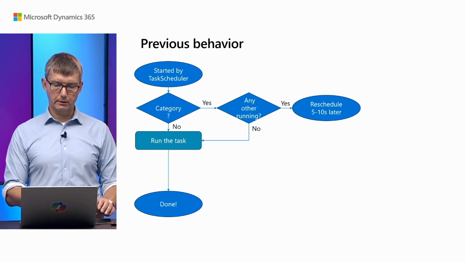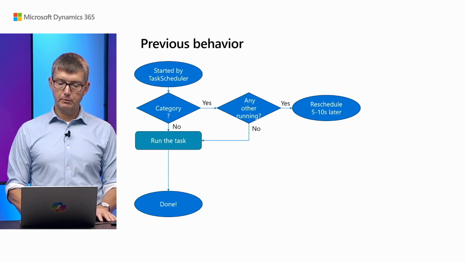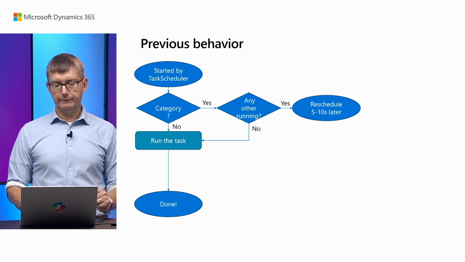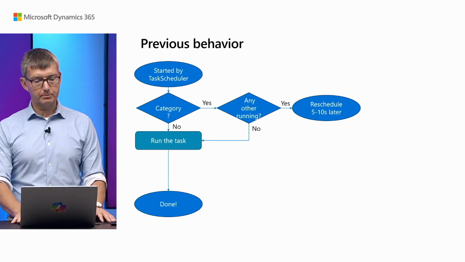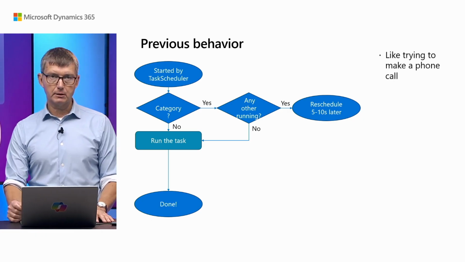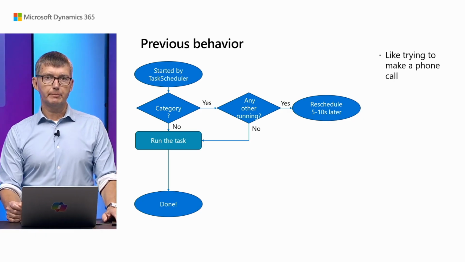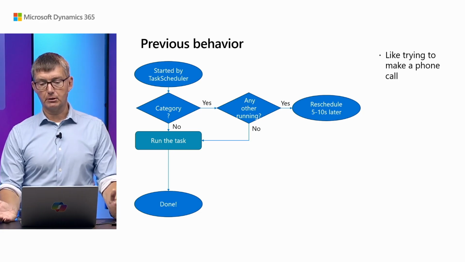No, then we run and we're done. Otherwise, we figuratively hang up and try again later. Actually, just like when you try to call the pizza delivery or the doctor. So you make a try. If it's busy, you try again later.